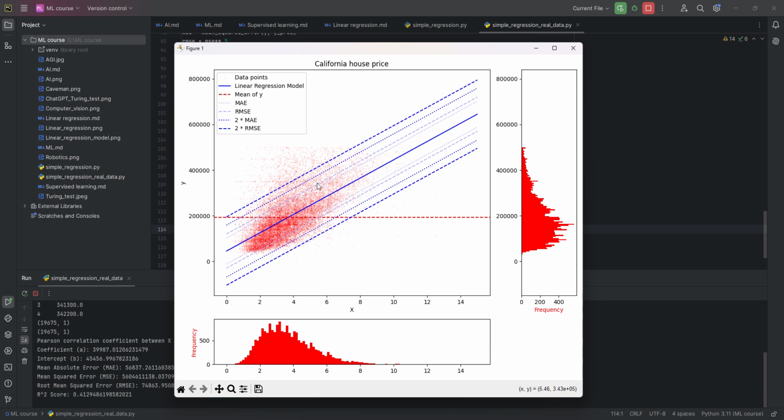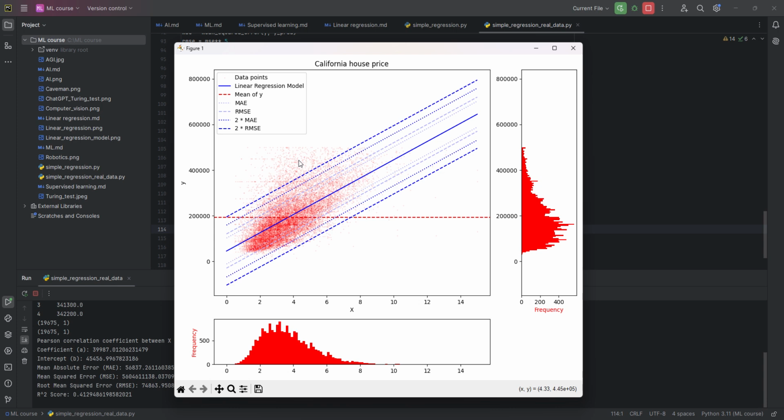But the problem with that is that these dotted lines, which are the absolute error, are not a good representative for these points. So these points are basically ignored, but these are very probable.